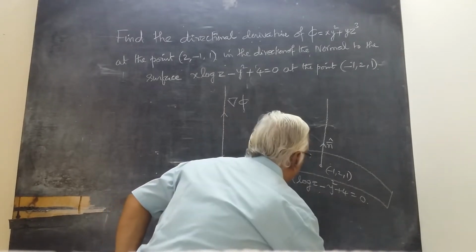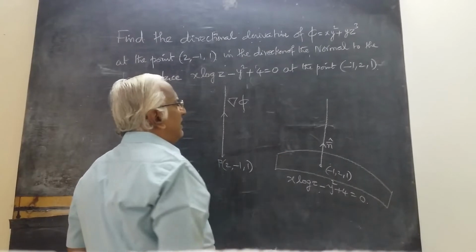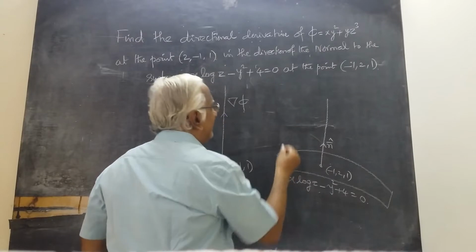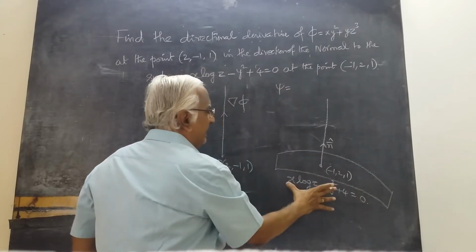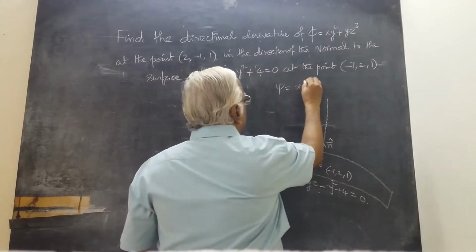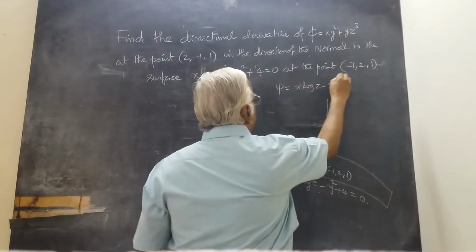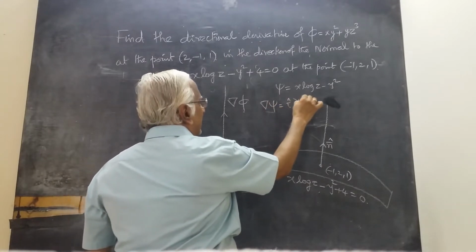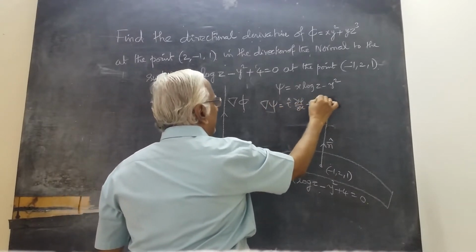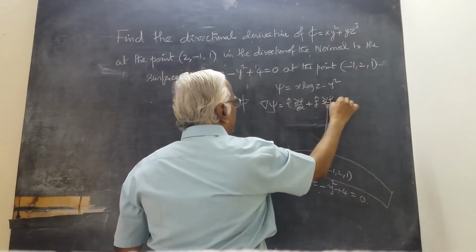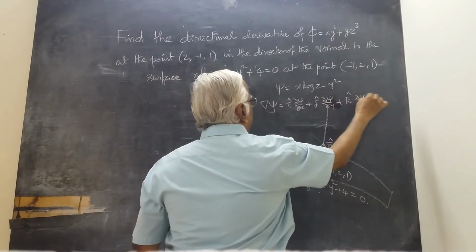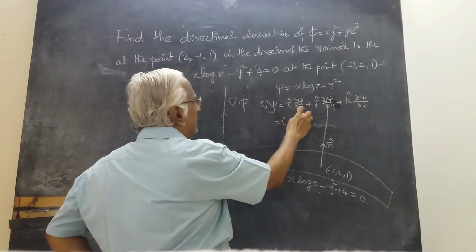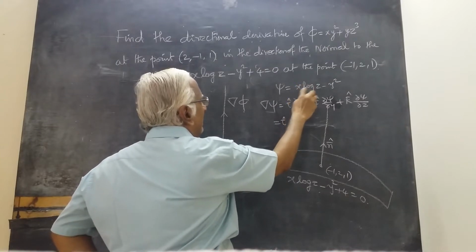Now you have to find the normal. For that, what do you do? I leave the constant aside and take the rest as psi. Psi is x log z minus y square. Now you find del psi. Del psi is i dou psi by dou x plus j dou psi by dou y plus k dou psi by dou z. Psi with respect to x is 1 times log z.